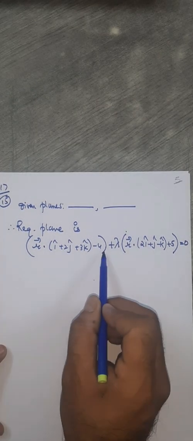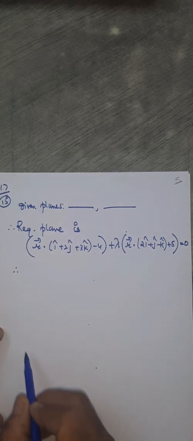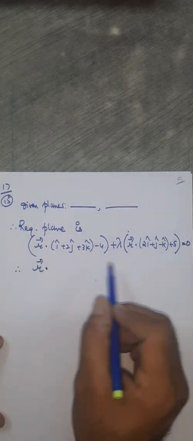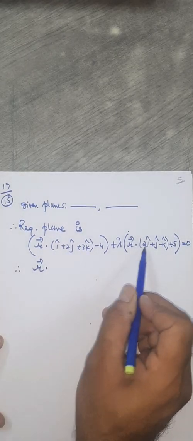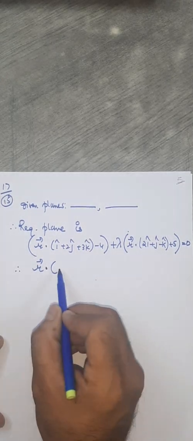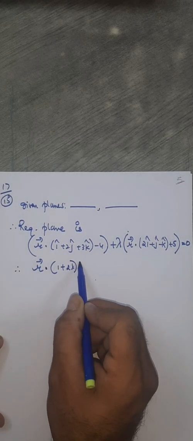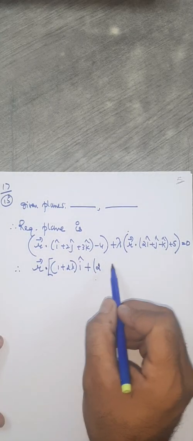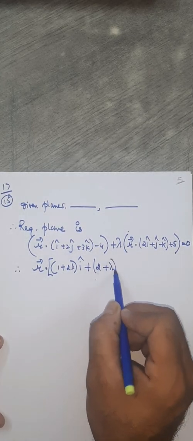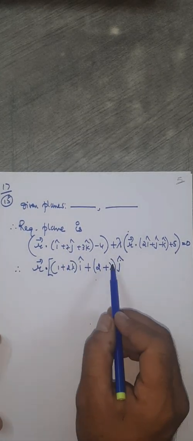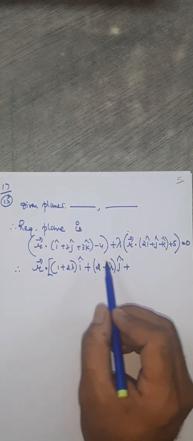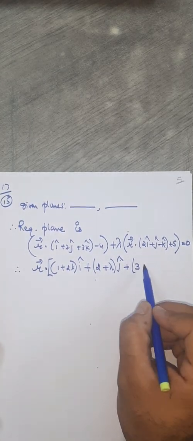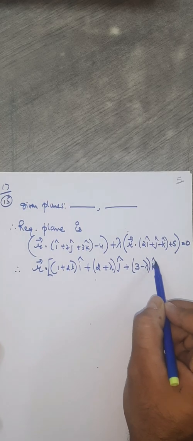Okay, so like in question number 15 again, we need the normal to this plane. So we'll express it in the standard form, r bar dot normal equals to constant. So we'll take i common from this 2. So here you have 1 and here it is 2 lambda. So 1 plus 2 lambda into i cap. Plus, what about this? 2 plus lambda into j cap. Plus, what about this? 3 minus lambda into k cap.